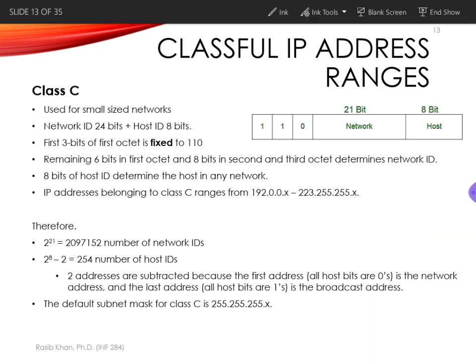Class C addresses are useful for rather small size networks, and by now I would assume that you have gotten the idea how this is working out. So now we have many different network IDs that we can generate, and that is because we have the first 3 bits fixed to 110, but we still have 21 bits to flip between 0 and 1 and generate different network IDs.